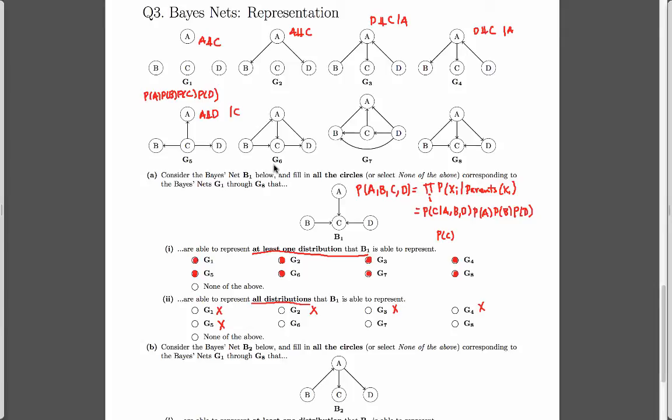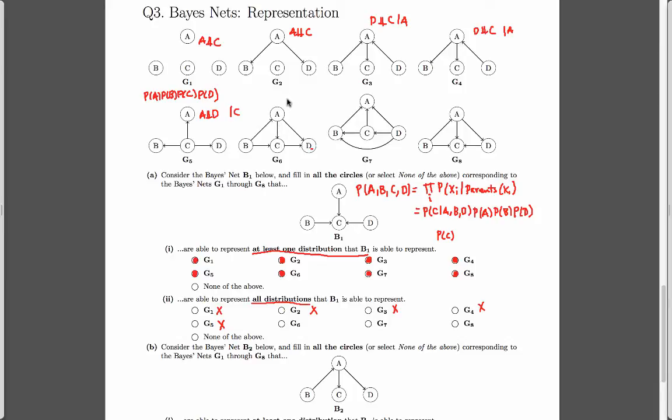Next, let's look at G6. So in this case, this graph actually makes very little conditional independency assumptions because there are a lot of arrows. However, there is one assumption that it does make, and that is if you condition on both A and C, then B and D become independent by the rules of D-separation.